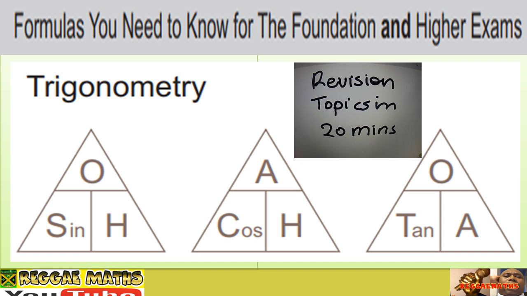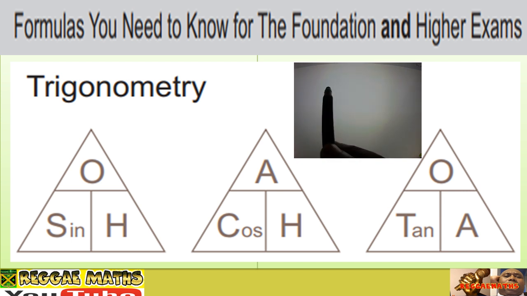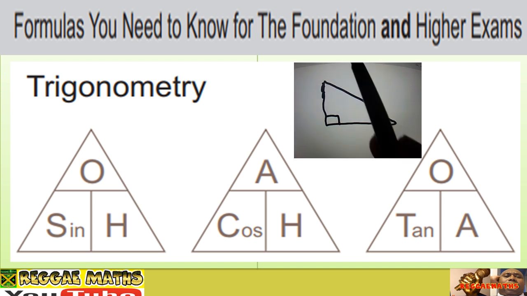So sine is equal to opposite over hypotenuse, and this is based on your right angle triangle. You've got your right angle triangle here, and you've got your angle here.